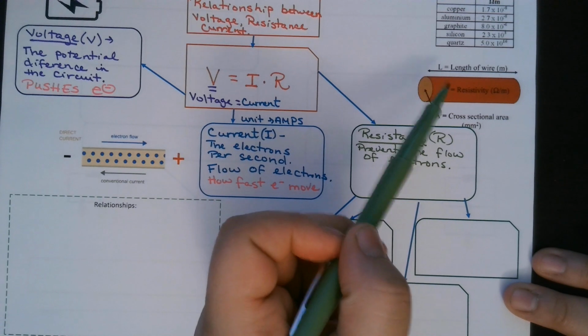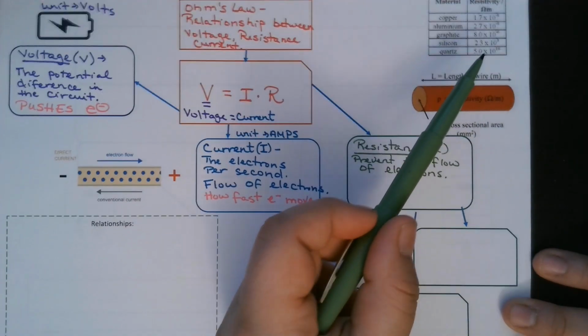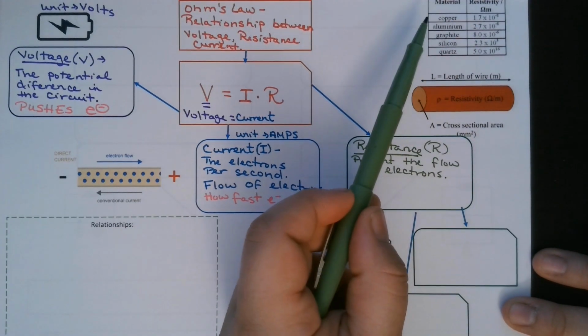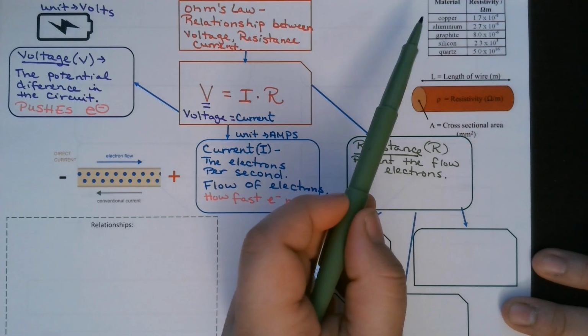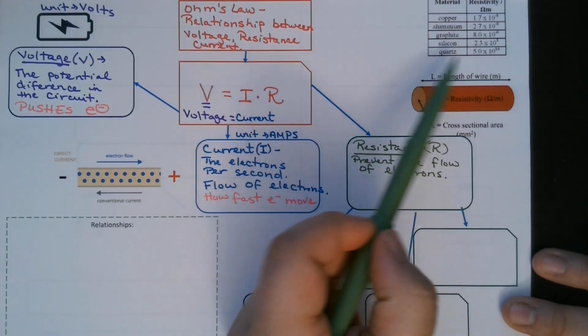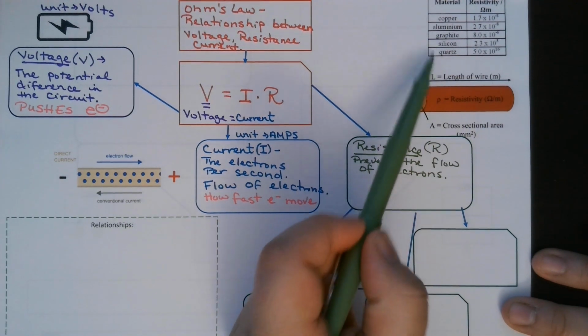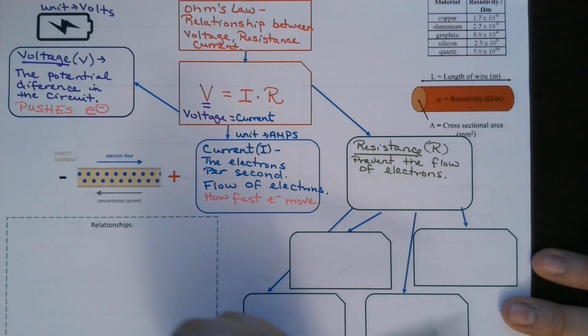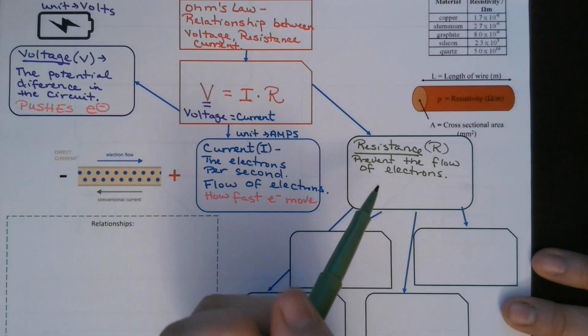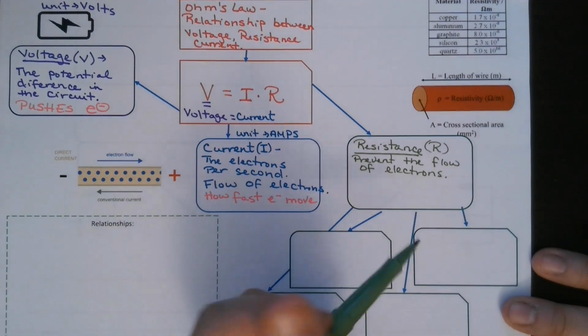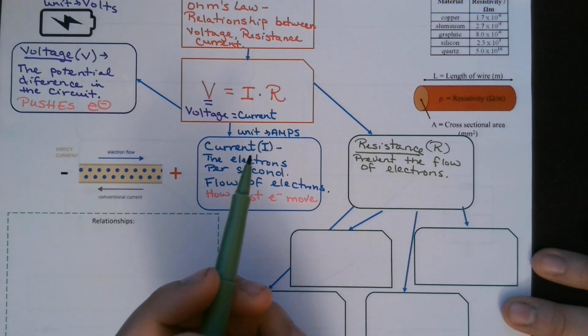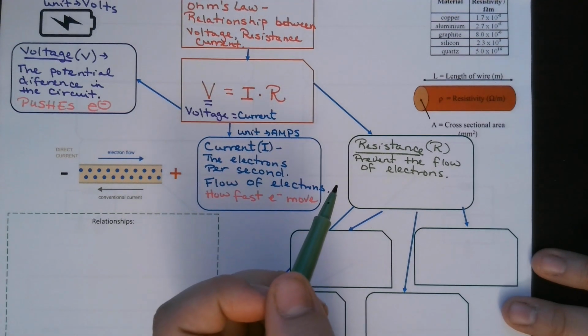Some types of metals are going to have a really low resistivity, like copper. So this is going to allow electrons to flow easily. This one's going to allow electrons not to move as easily as the copper. Depending on the resistivity and what you want from it, you're going to use different types of metals. So resistance is literally just resisting or preventing the flow of electrons.